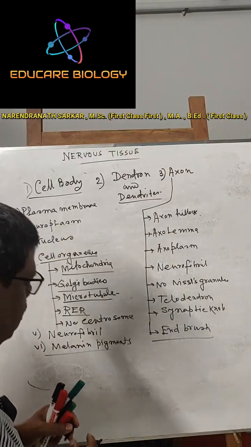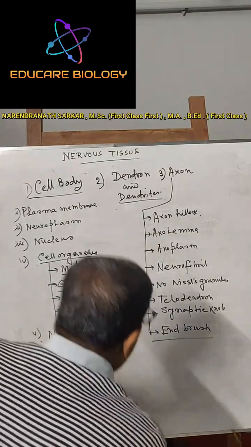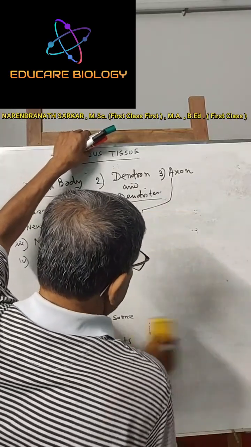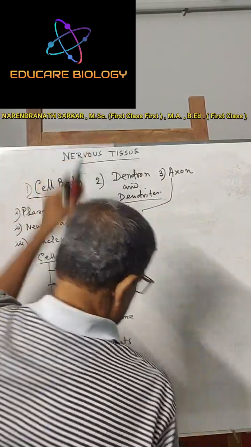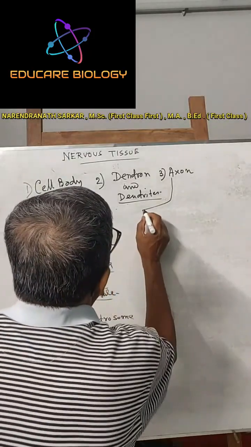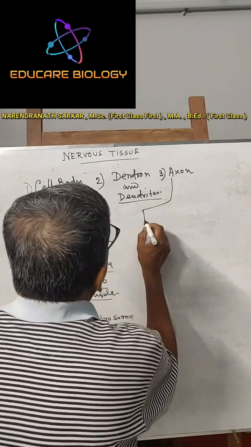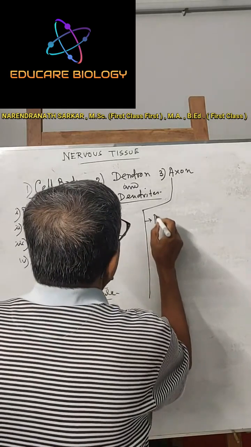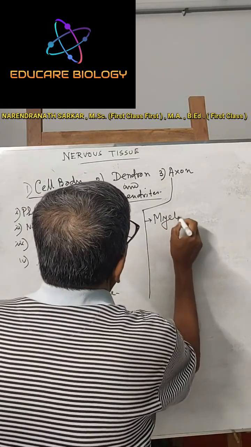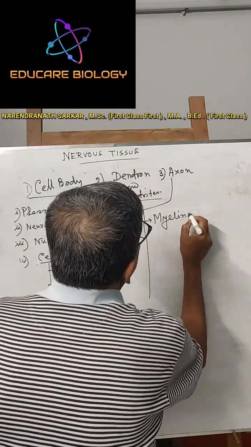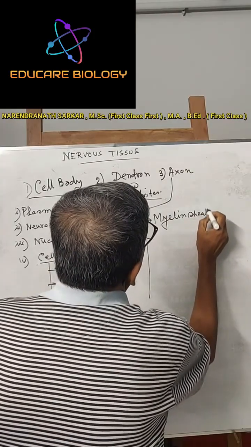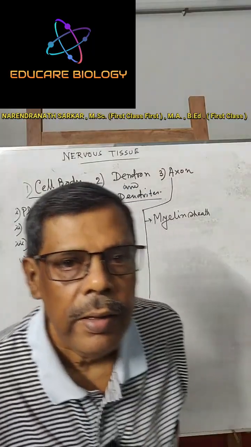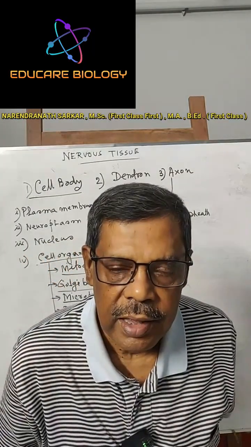Next, the membrane which is found upon the axolemma, that is myelin sheath, or medullary sheath.